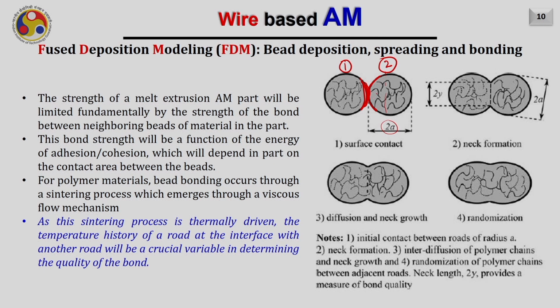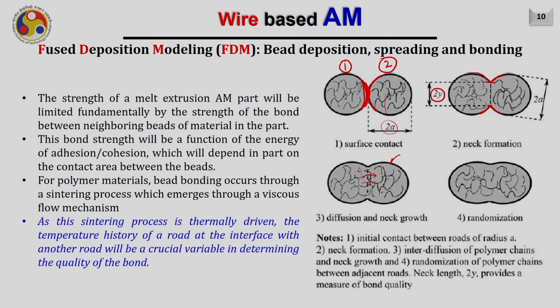Then after some time, the neck formation starts. This is the neck formation. And the neck radius, or the length of this neck, I am writing as 2y. After this, the diffusion process starts, and the interdiffusion of the polymer chain and necking growth looks something like this. In that case, the polymer will form the chain inside the neighboring bead as well.